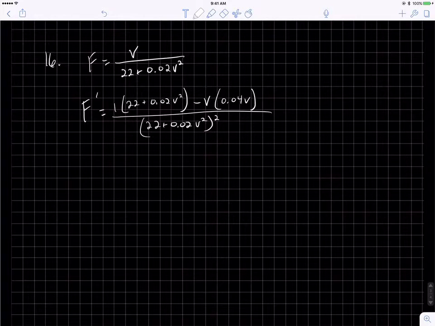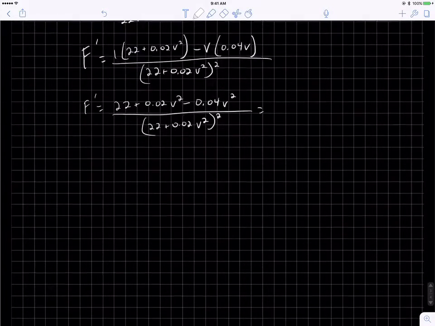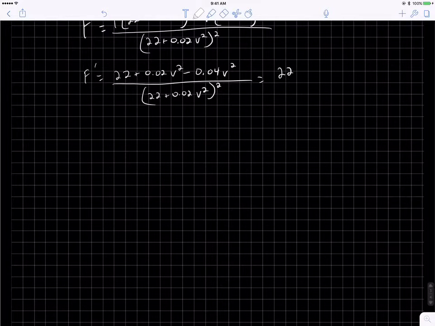Up top, when I simplify, I've got 22 plus 0.02 v squared minus 0.04 v squared, all over 22 plus 0.02 v squared squared. Simplify further, and I get 22 minus 0.02 v squared up top. And on the bottom, I get 22 plus 0.02 v squared squared. I just combined the v squareds.